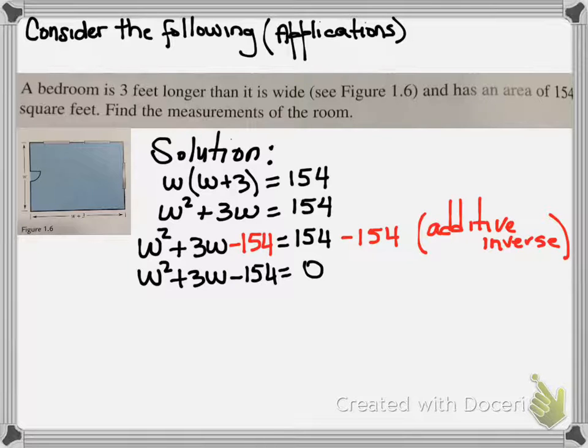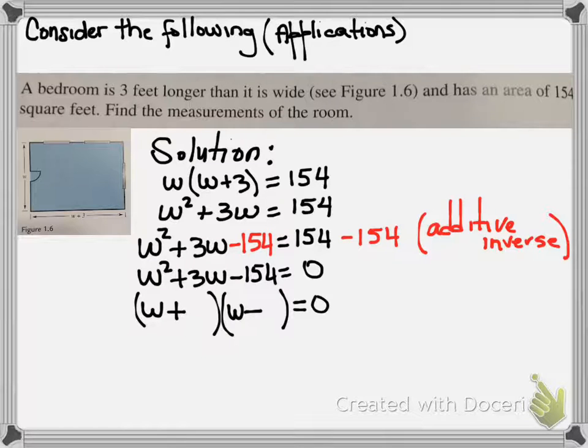At this particular time, I must factor. Now notice the two signs. I have a plus and a minus. So that means I'm going to have a plus and minus in my factoring, but the higher number will have a positive sign. Let us look at that. To get W squared, it is W times W. All right, we got that.